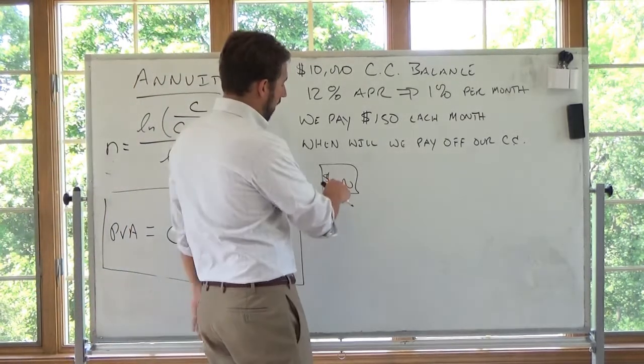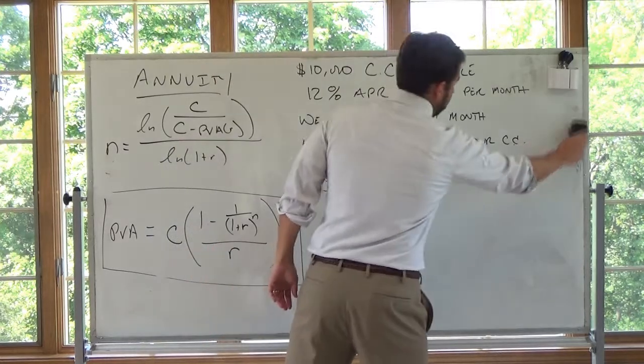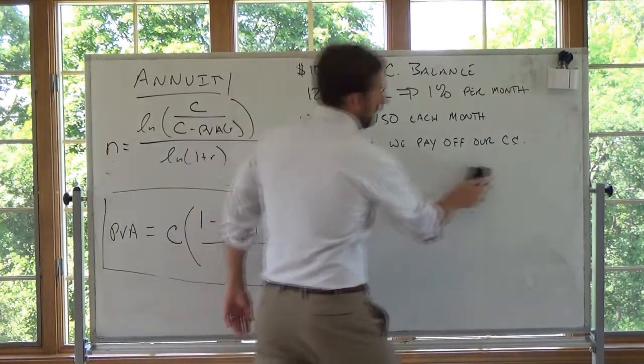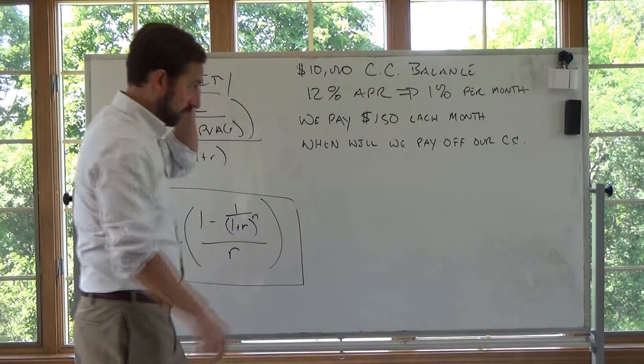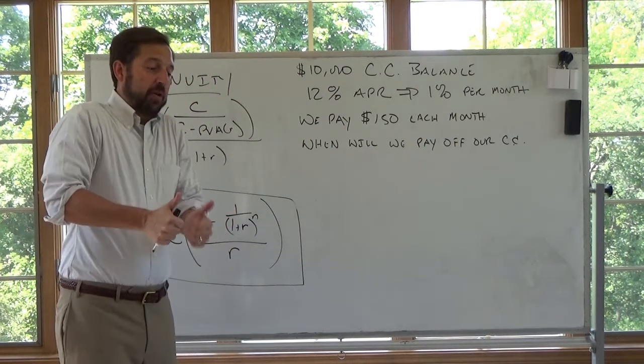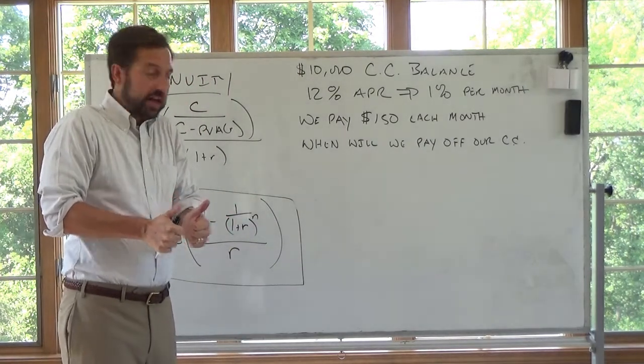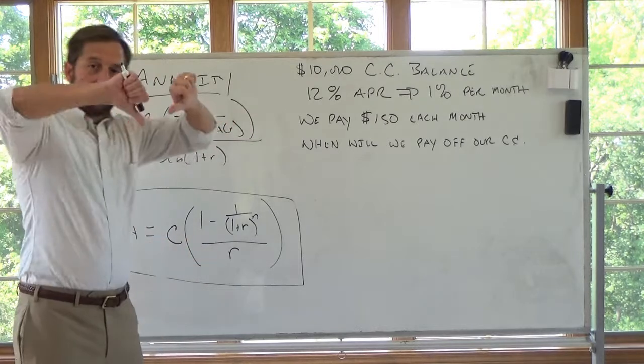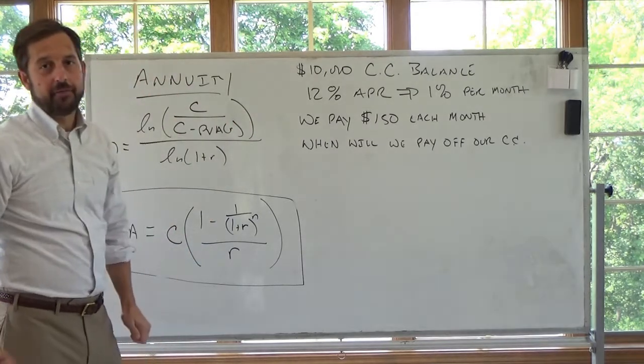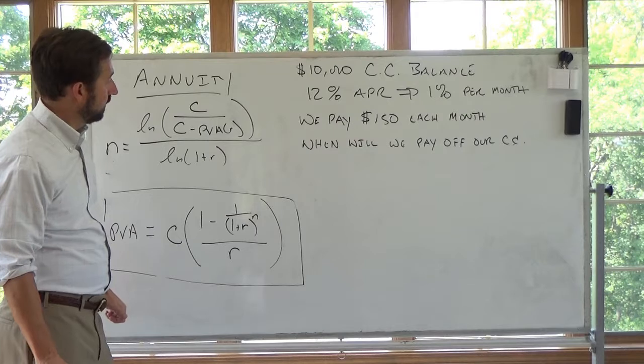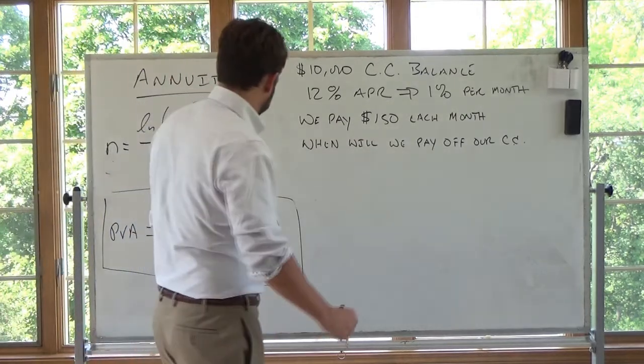So we know that our payment has to be greater than $100. And intuitively, we can calculate this multiple times. The more it's above $100, right, the greater C is, the lower the number of periods that it's going to take. Okay. So let's plug in our numbers.